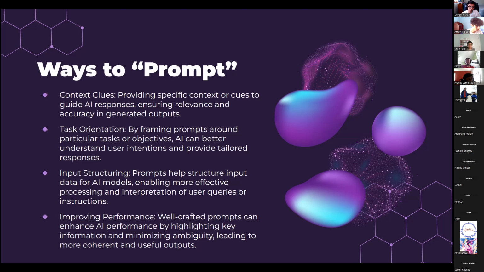And then task orientation is framing prompts around particular tasks or objectives, and AI can better understand user intentions and provide tailored responses. So task orientation, you have to specify what you actually want the AI to give you within your prompt in order for it to give a good response.